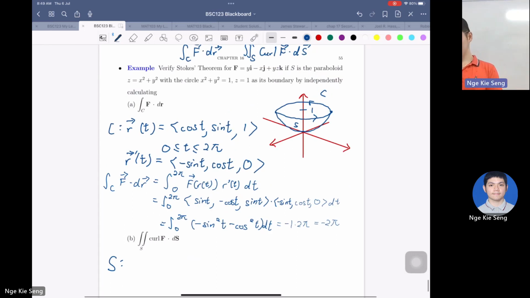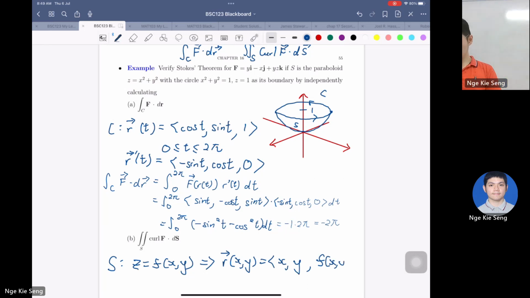How to parameterize the surface S? Surface S is already given by z equals f of x, y, which has a very easy parameterization. For this kind of function, you just take x and y as your parameters.